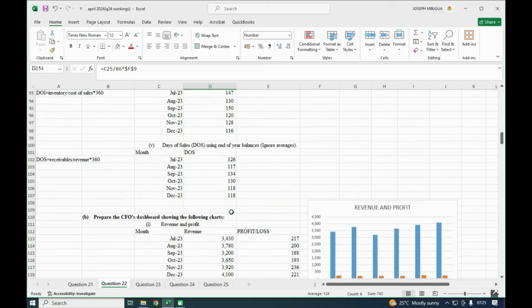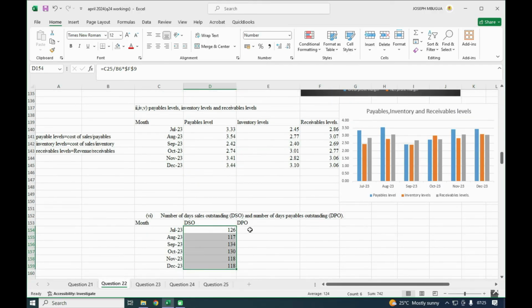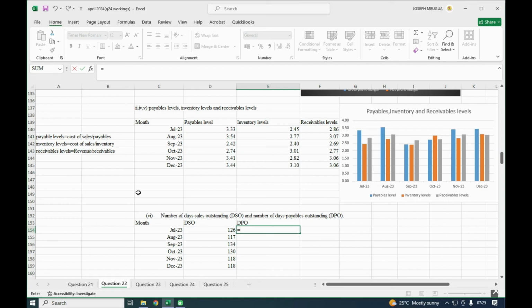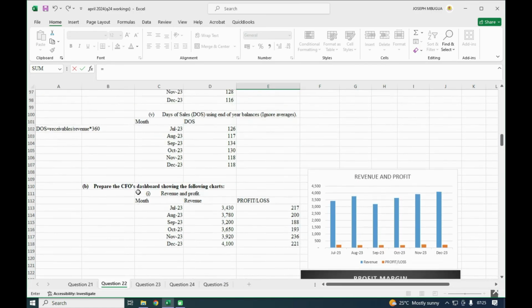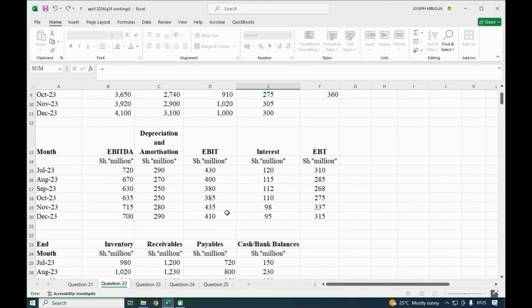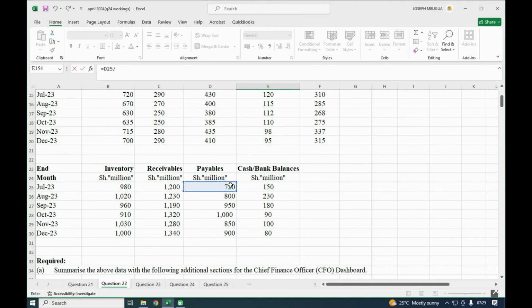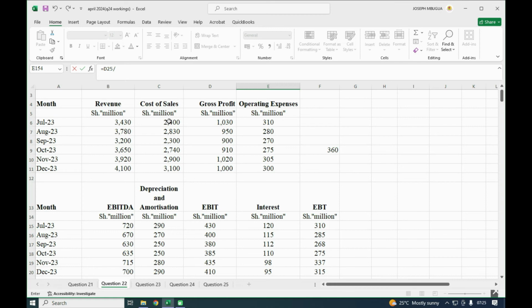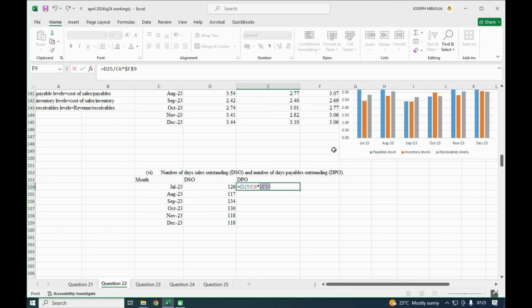And the other one, the DPO, days of payable: you take payable over cost of sales and multiply by the 360, which you shall fully lock. That way.